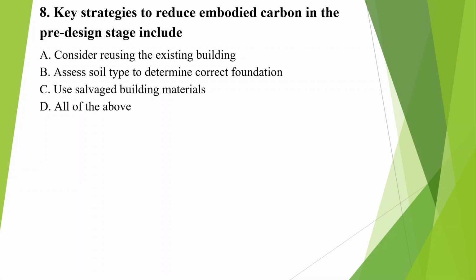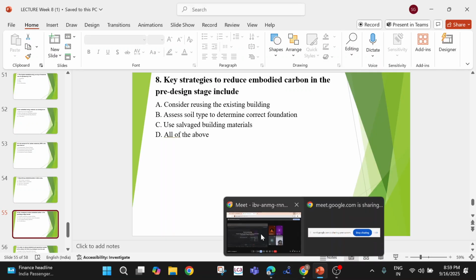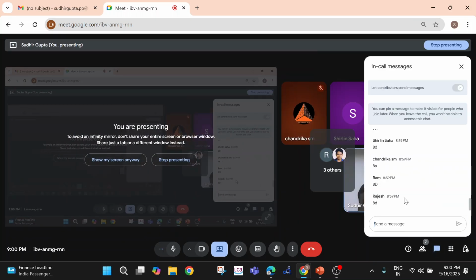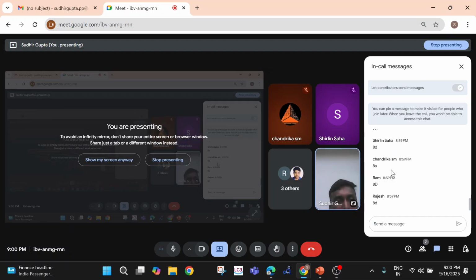So from the 4 options that have been mentioned, what do you think is the most appropriate one? Chandrika is going for 8A. Ram and Celine are going for 8D.